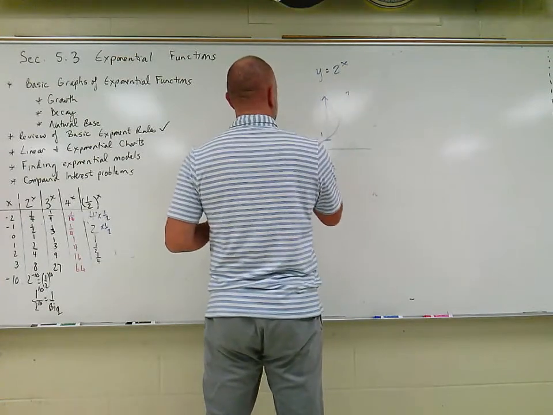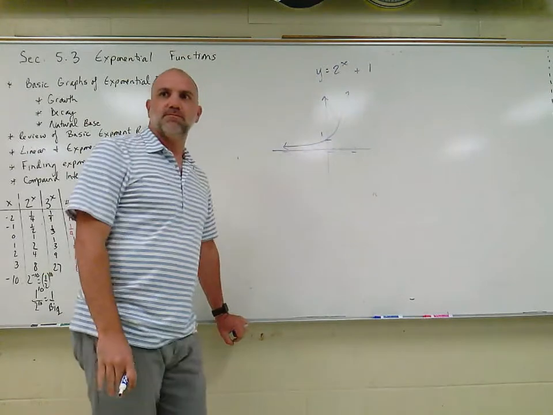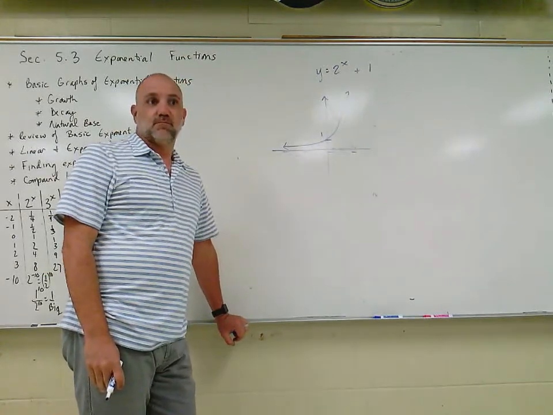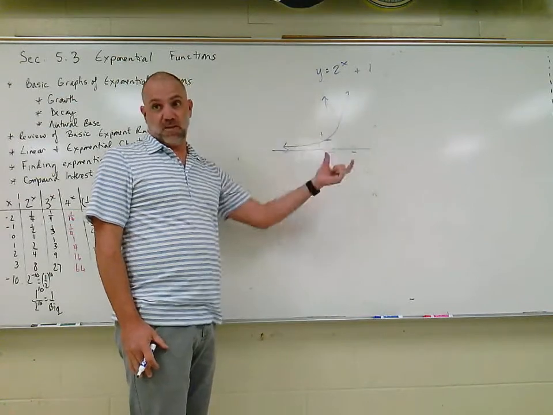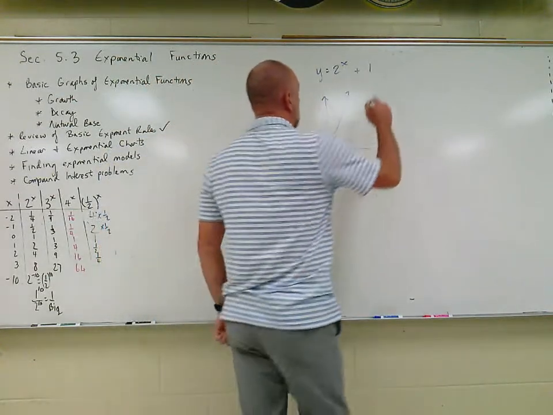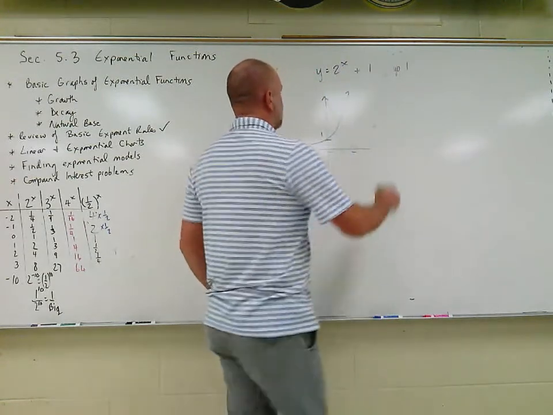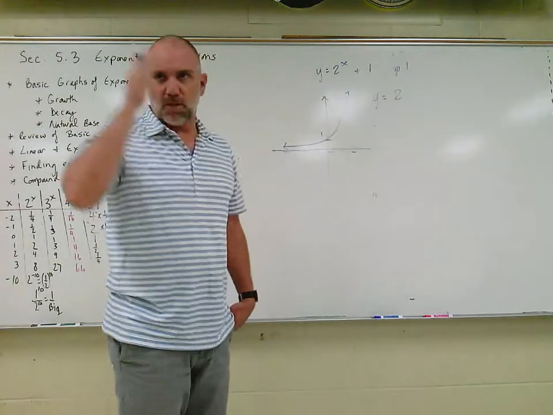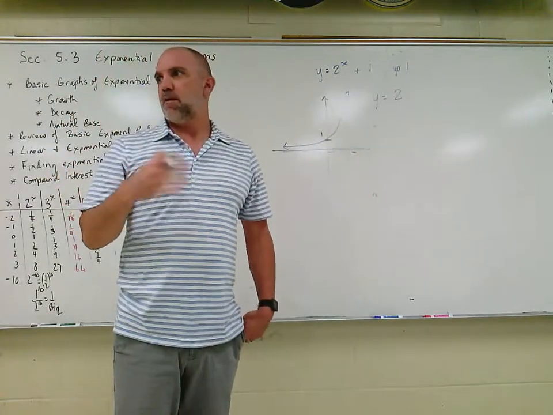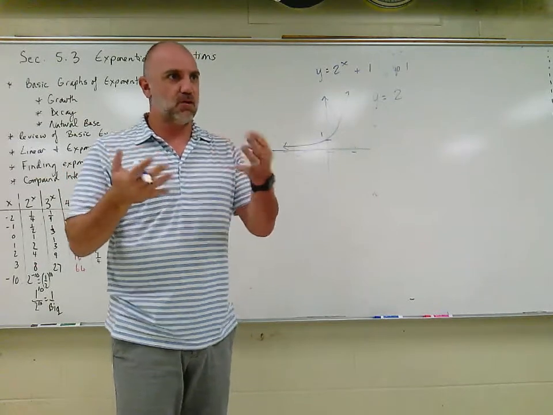What would happen if I did 2 to the x and I added 1 to it? There you go, up 1, and the whole thing would go up 1. So even the asymptote would go up 1. I'm not going to redraw all these, I just want to make sure you can picture them, and you can always type them into the calculator and look at the graph.